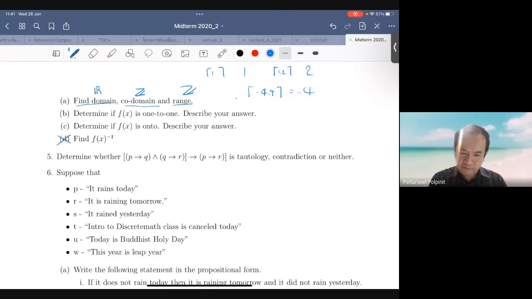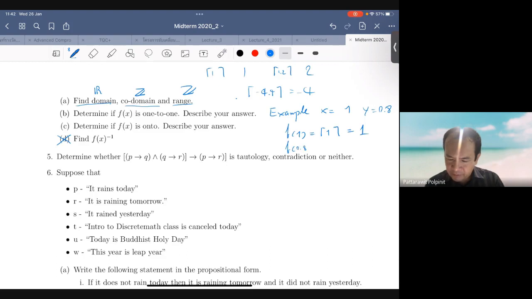So for example, let's say x equal to 1, y is equal to 0.8. So f of 1 is equal to ceiling of 1, which is equal to 1. See f of 0.8.